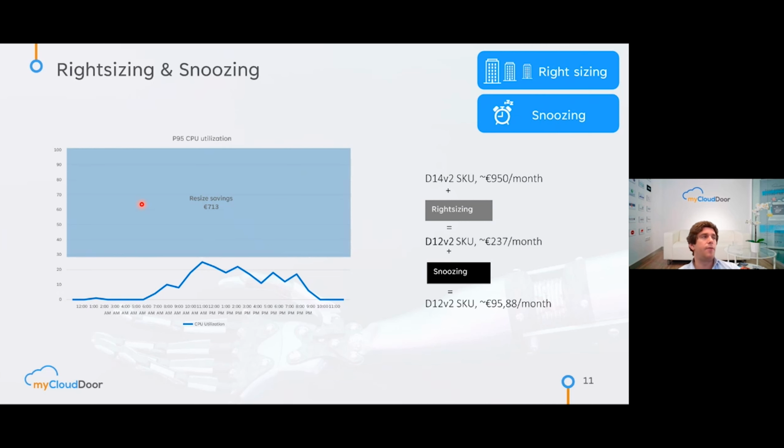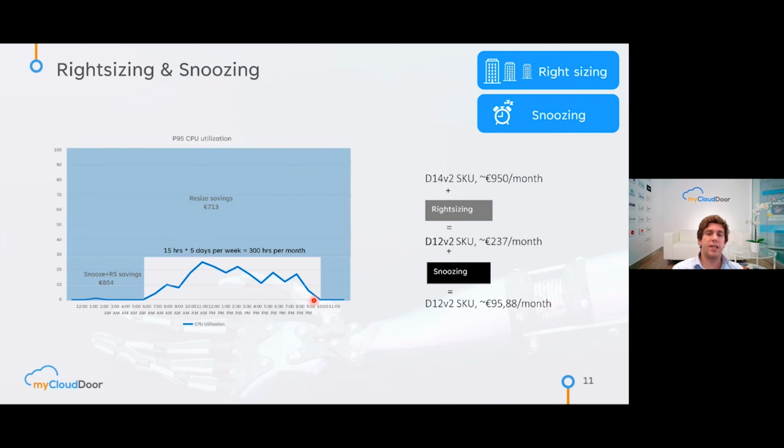The snoozing is mainly for non-production systems or for systems that are only being used for some hours per day. If you see this VM for a lot of time, you have idle time, nobody's using it, only from 6 a.m. till 9–10 p.m., right? So what you are able to do is shut down this VM for those hours.